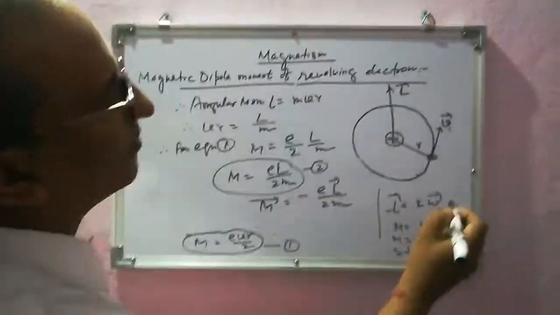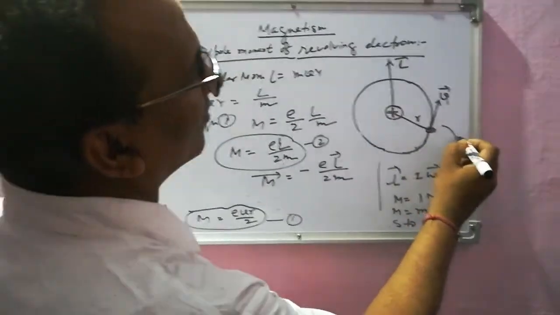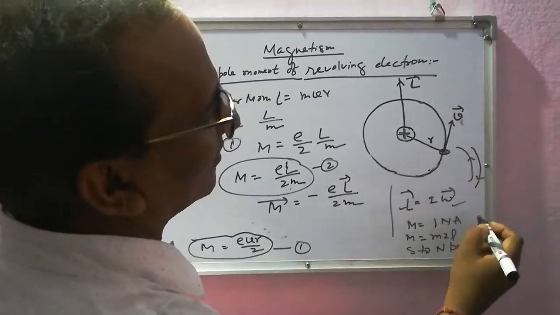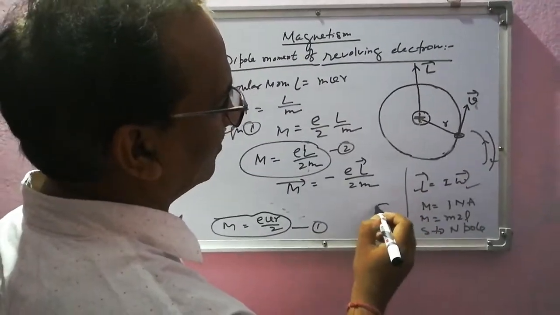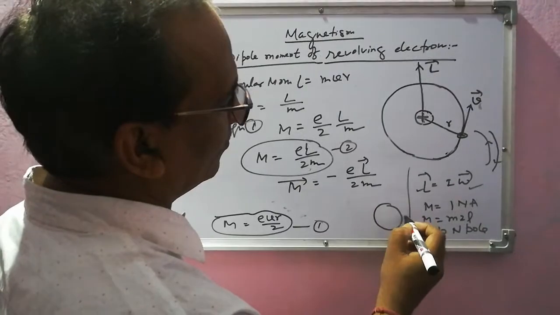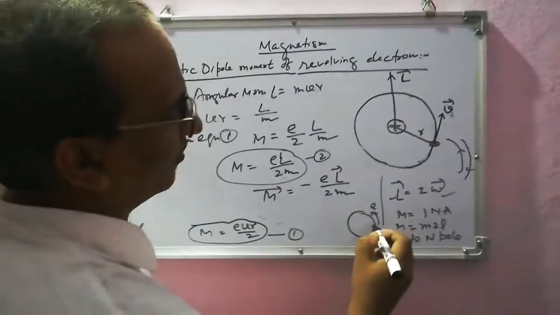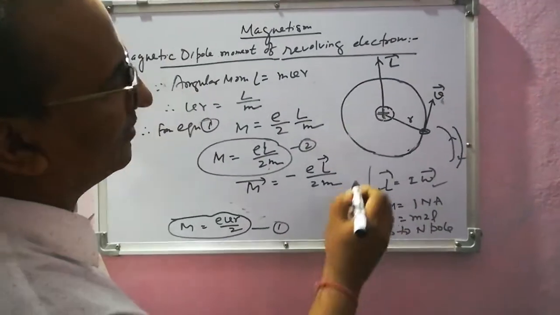If the electron is revolving in this direction, current will be constituted in the opposite direction. It means in this case current is like this. As the electron is moving anti-clockwise, current will be in this direction.